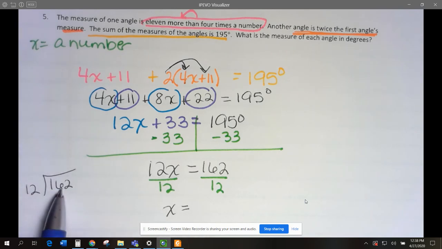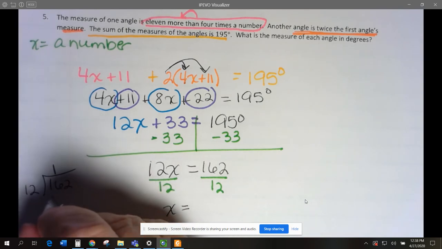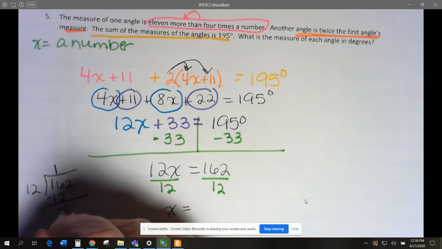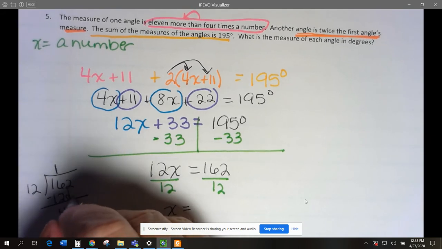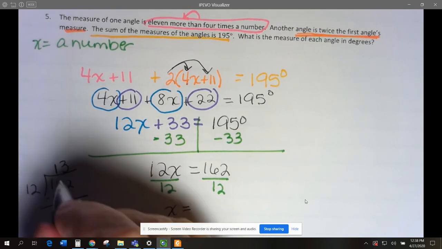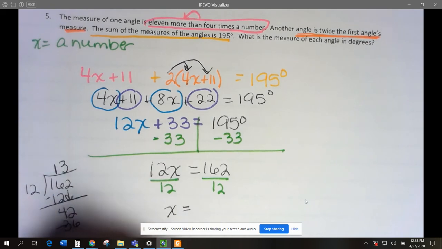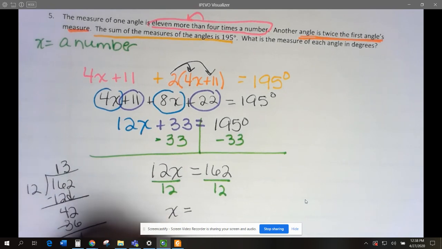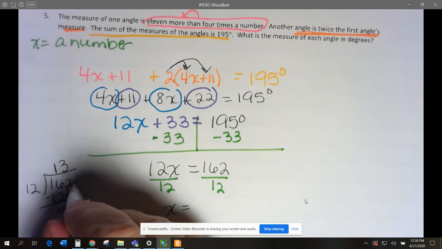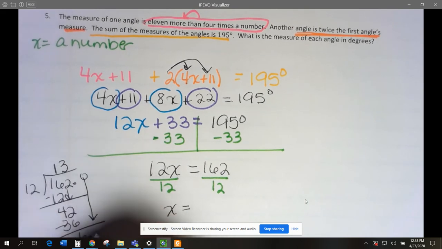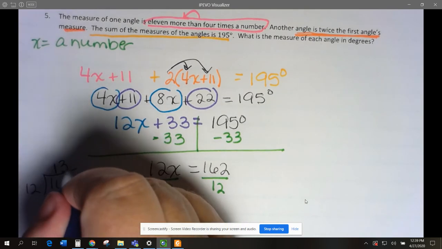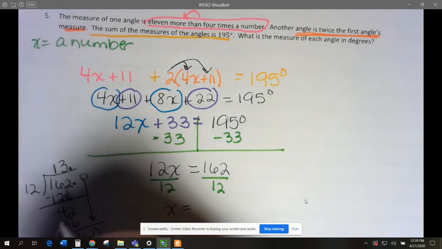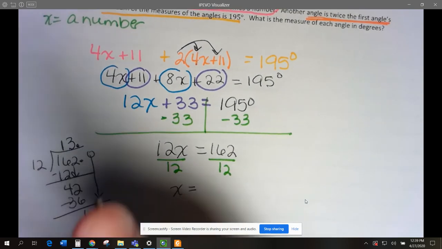12 goes into 16 once. Bring down the 2. 12 goes into that 3 times, which is 36. We have 6. Bring down, add our decimal, bring down a 0. Kick the decimal up here. 12 goes into 60 5 times.